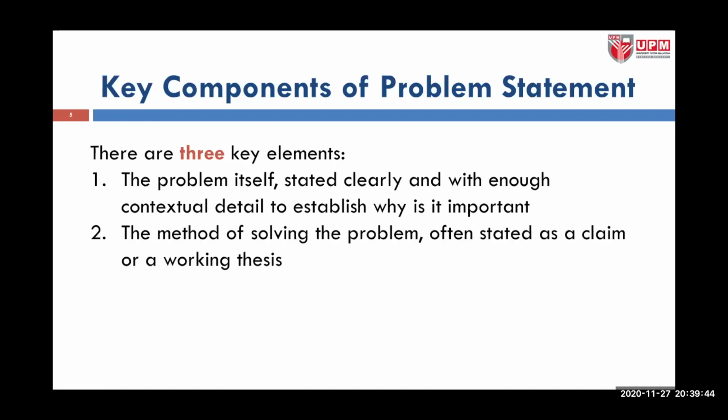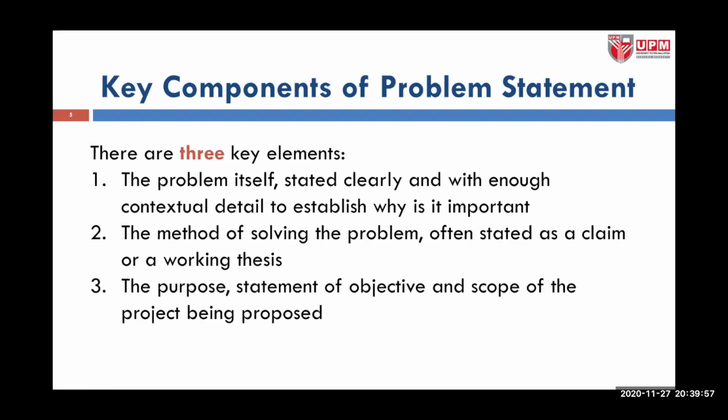And the second element is the method of solving the problem, often stated as a claim or a working thesis. Later I will explain clearly what we mean by that. And then the purpose, basically a statement of objective and scope of the project being proposed. So the three elements of the problem statement basically encompass these items.